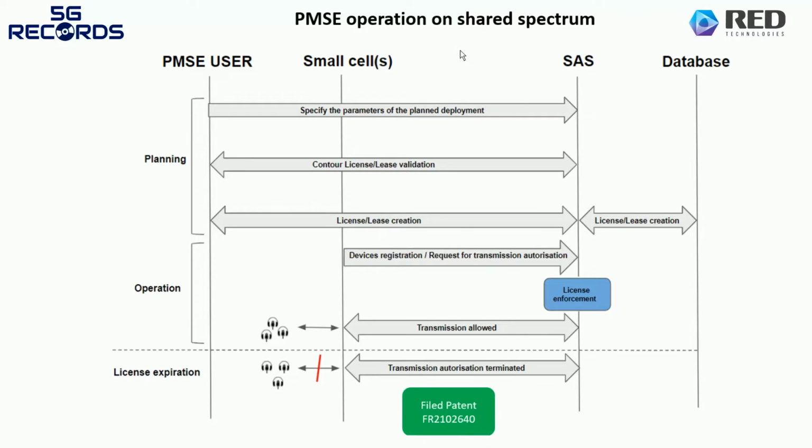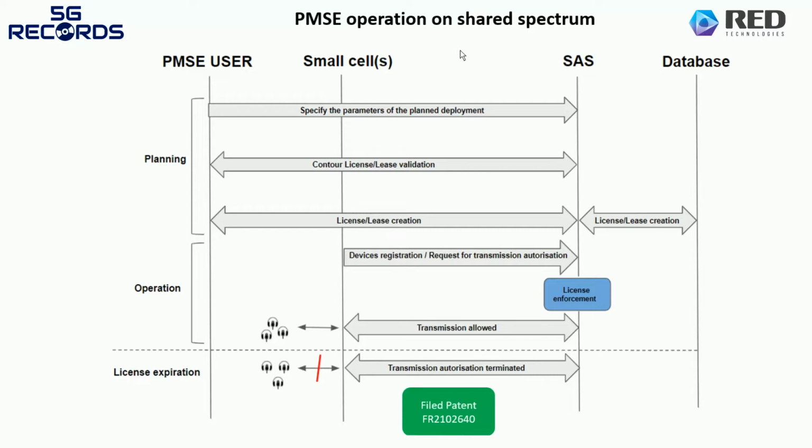The purpose of the scenario here is to show what happens when a new PMSE user comes in. Here, let's assume a music festival in Central Park. Here you have an overview of the process to access spectrum for PMSE.